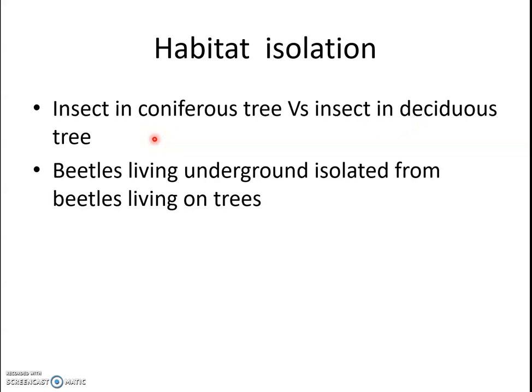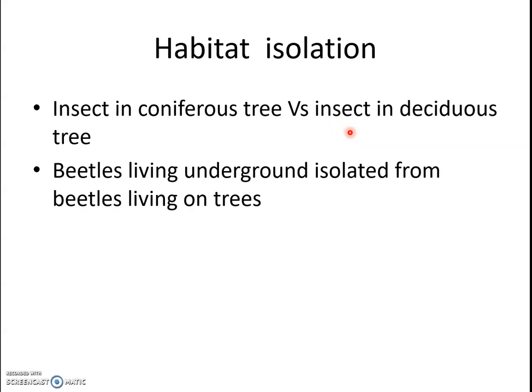Certain insects which prefer to reside in coniferous trees may not go to the deciduous tree even though they are residing in a common territory. In a forest there may be coniferous trees as well as deciduous trees, but if the insect prefers to live in a coniferous tree, they may not go in search of insects for mating in a deciduous tree.